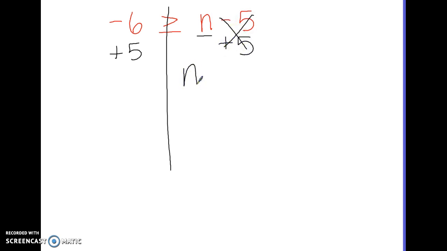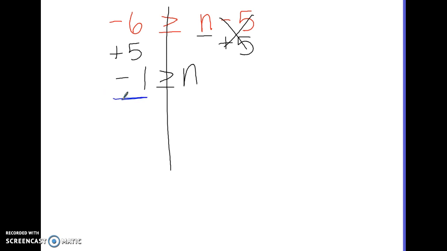I have 6 negatives and 5 positives. I have more negatives, by one more negative. So I have -1 is greater than or equal to n. Now I don't like to draw number lines when my number is on the left side. It's hard for me to interpret.